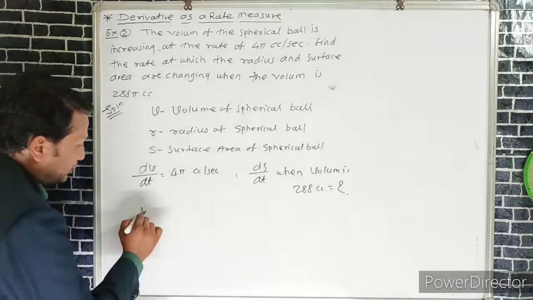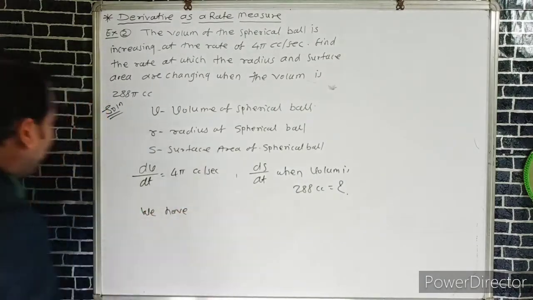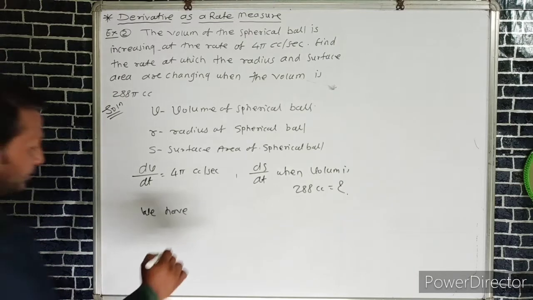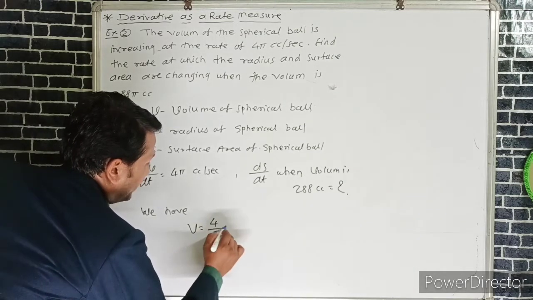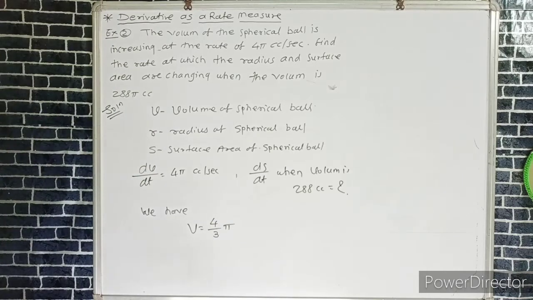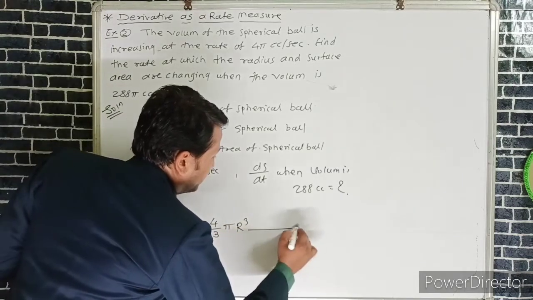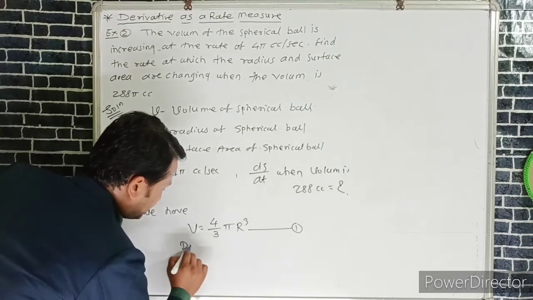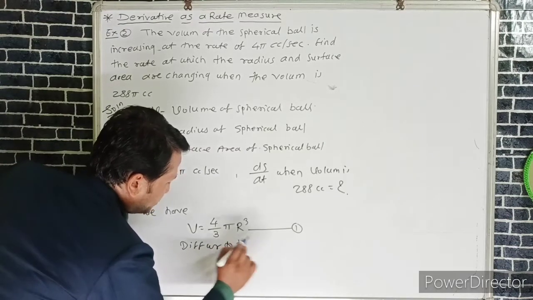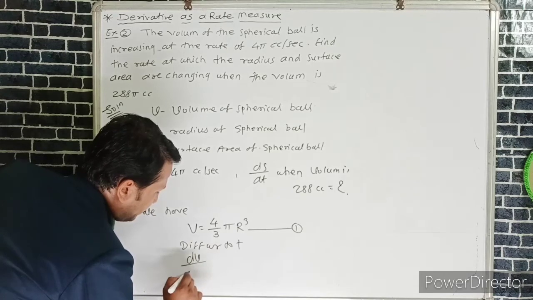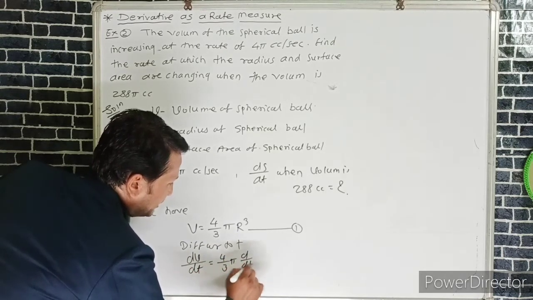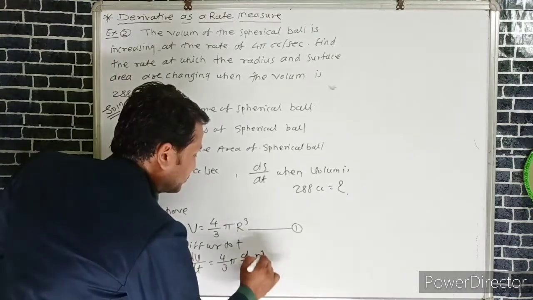First, we know the volume of a spherical ball, V is equal to 4 by 3 pi r cube, which is equation number 1. If we differentiate with respect to t, we get dV upon dt is equal to 4 by 3 pi, which is constant, times the derivative with respect to t of r cube.